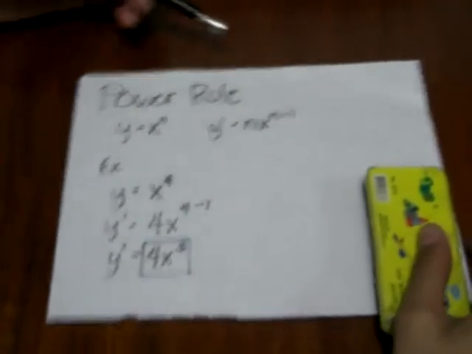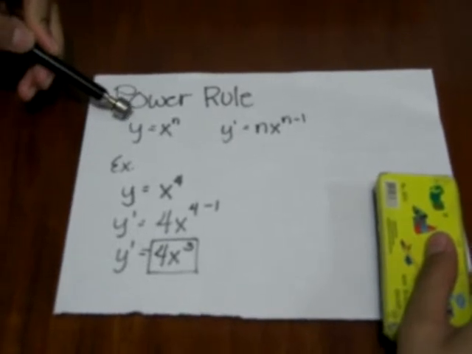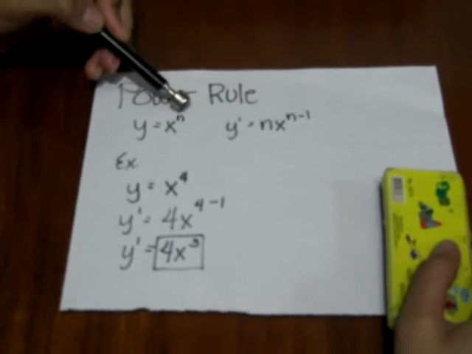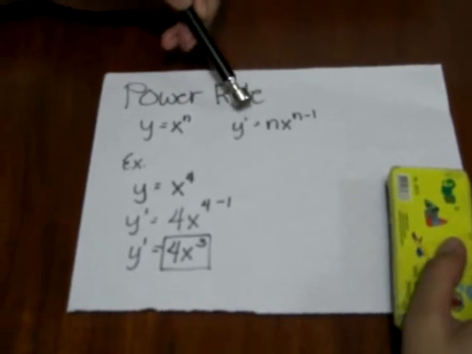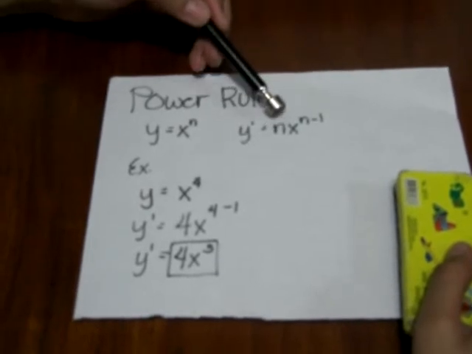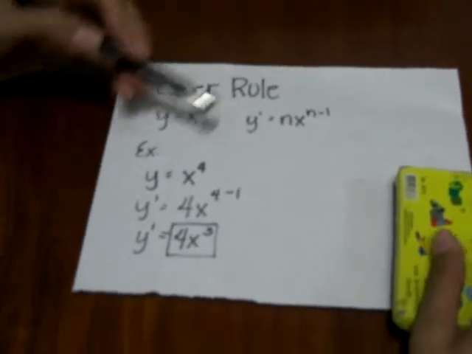So in applying the power rule, the function is given as a variable raised to an exponent. In finding its derivative, the exponent will become the whole number, and then the exponent will also be subtracted by 1.